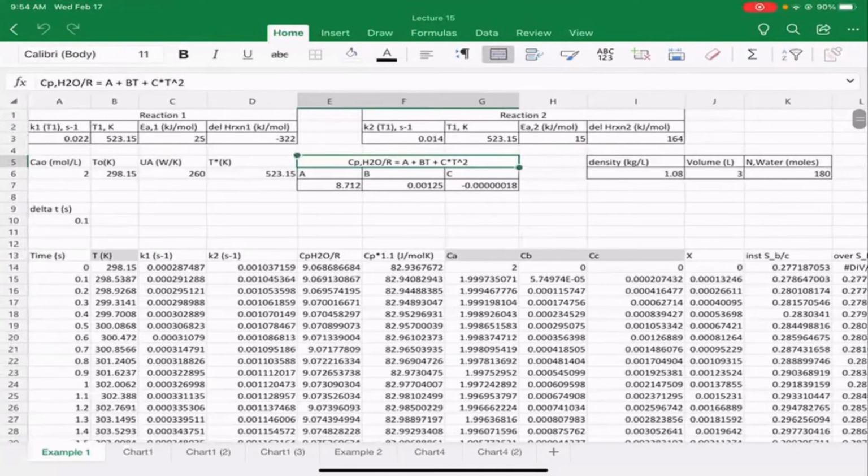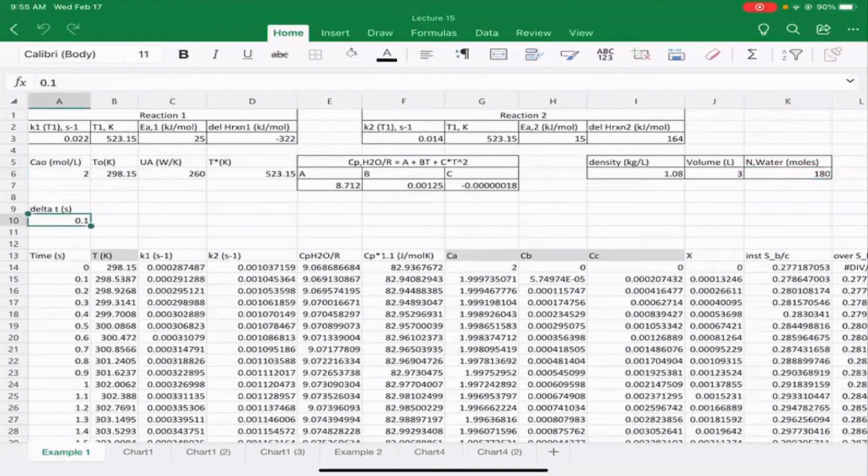So we were given the density, the volume, and then here's my calculated number of moles, just using the equation that we used a second ago. I have a delta T in seconds, which is every 0.1 seconds, and then of course the units of time are going to change about every 0.1 seconds, or every row in this Excel file will change by 0.1 seconds.